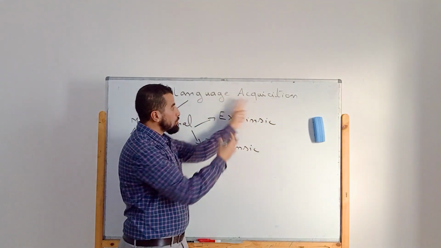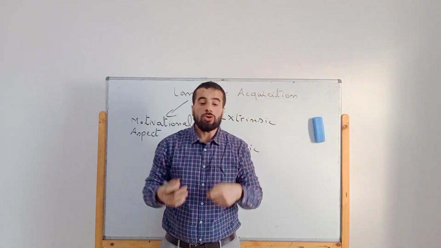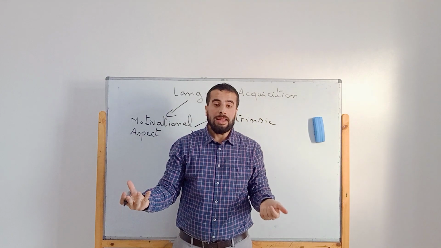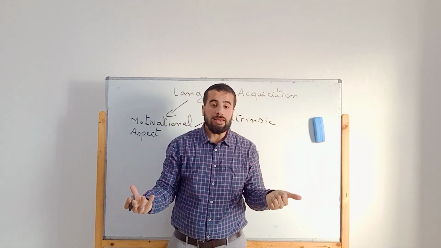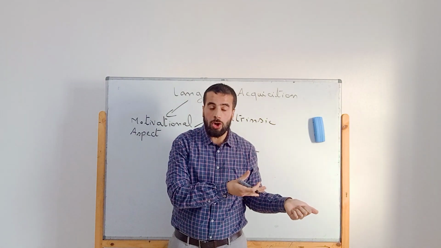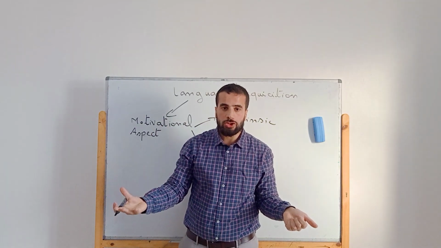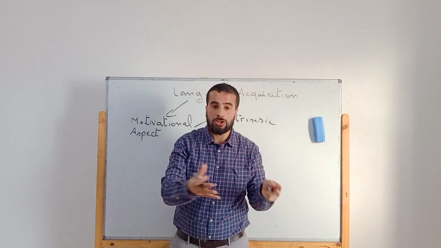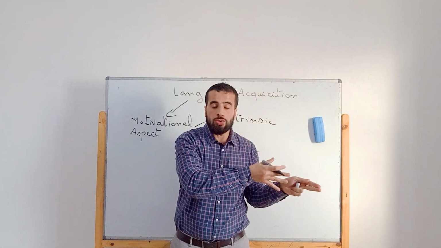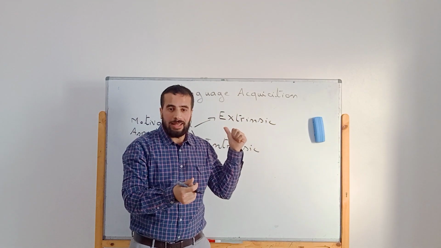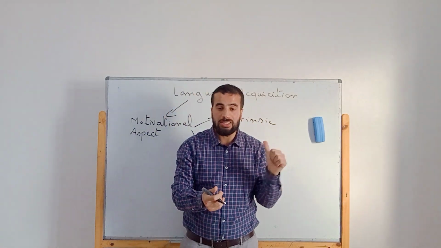Simply, in order to acquire a language, or to enable your students to acquire or learn the expected objective or the expected knowledge that is related to your lesson content, is to set your motivational aspect.